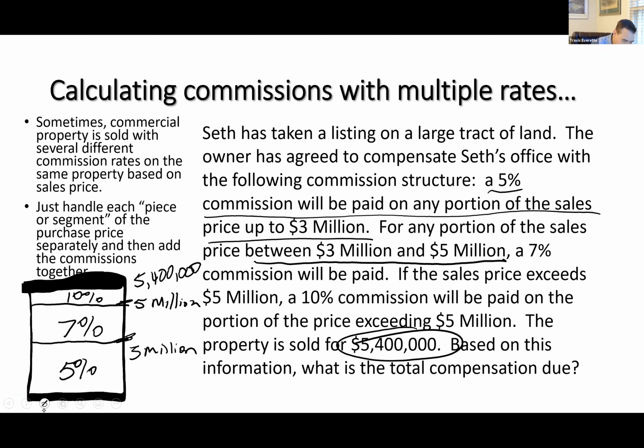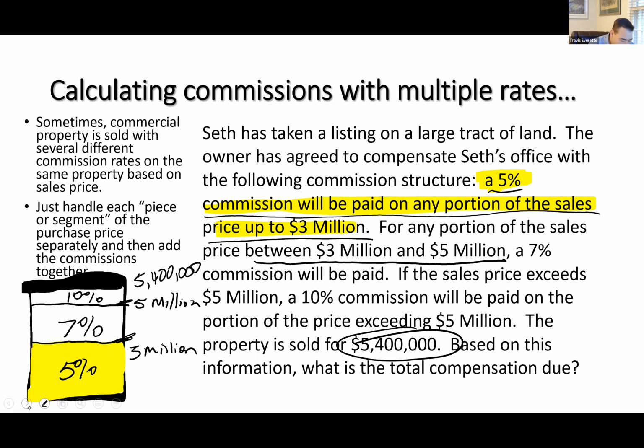Let's talk about it with a little bit of color coding. Let's say 5% will be paid on any portion of the sales price up to $3 million. So here's the portion of the sales price up to $3 million. All of that gets us paid 5%. We get paid 5% of the amount of money in that box.